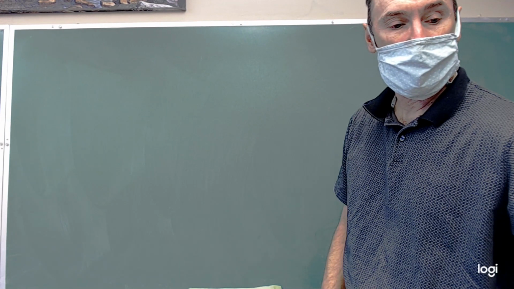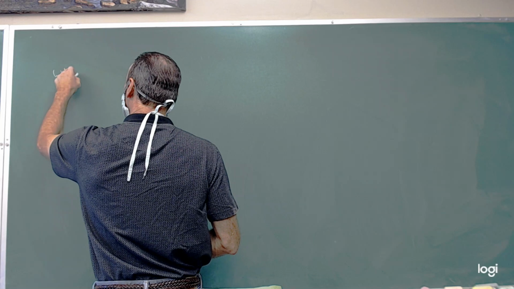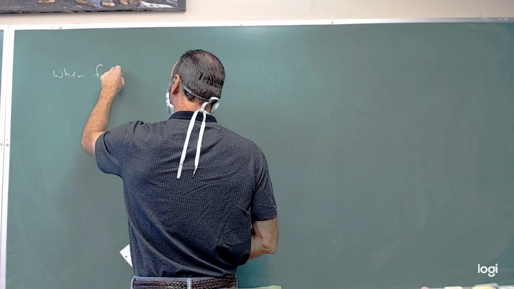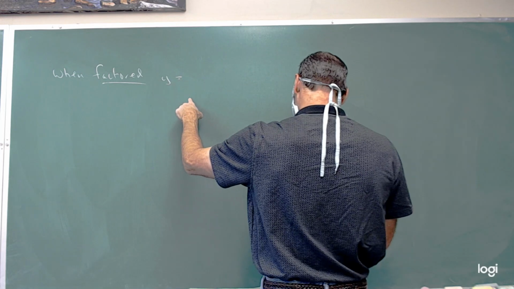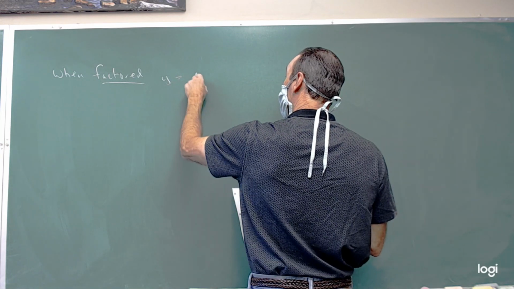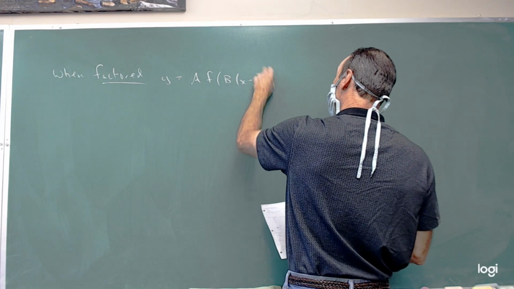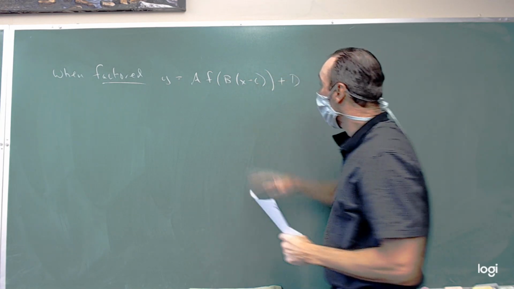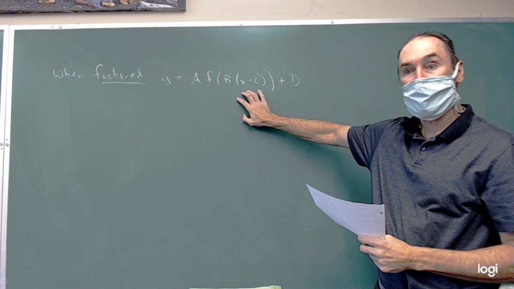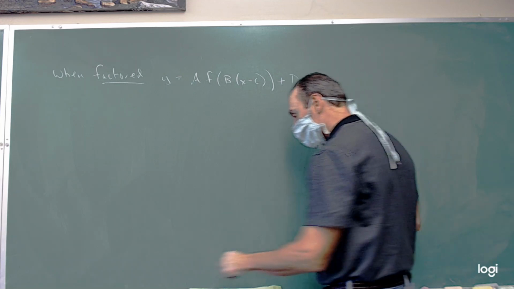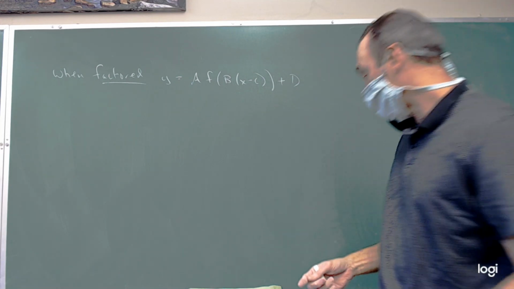But let me say that when factored, y is equal to a times f of b times x minus c plus d. So when what's going into the function has been factored, then each of these letters, a, b, c, d, does a specific thing.